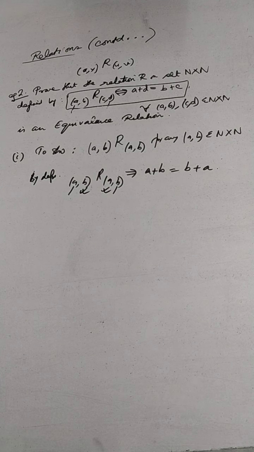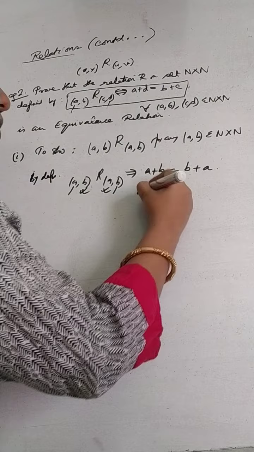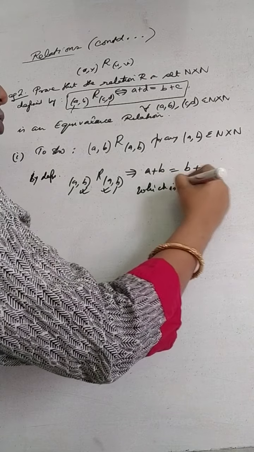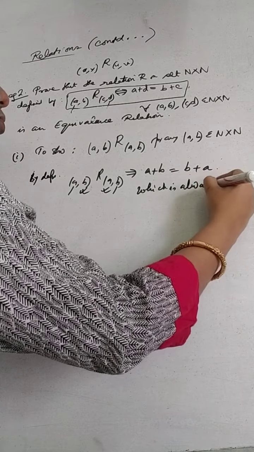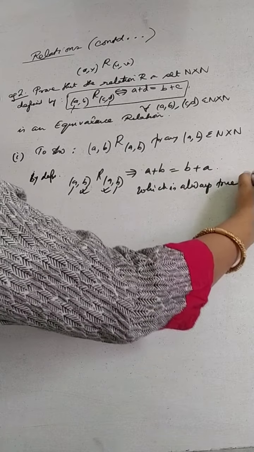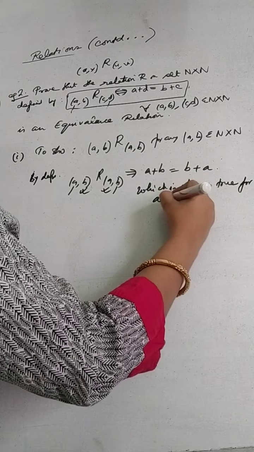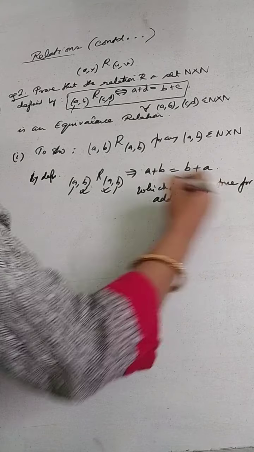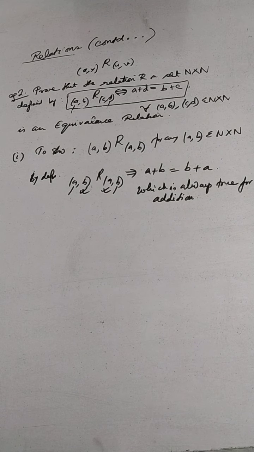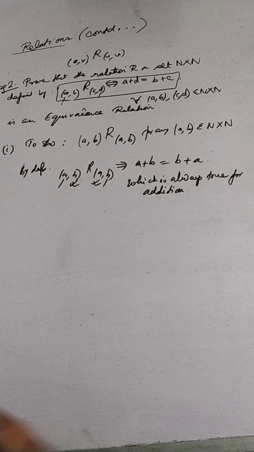Now this is always true. This is a property which is satisfied by addition, we call it commutative property, isn't it? So this is a property which is always true when I add elements. So therefore, AB pair belongs to this.